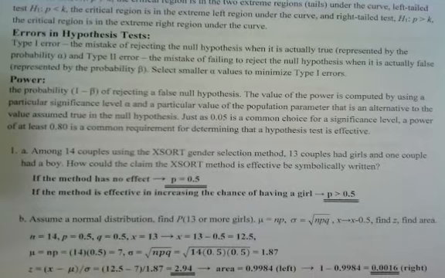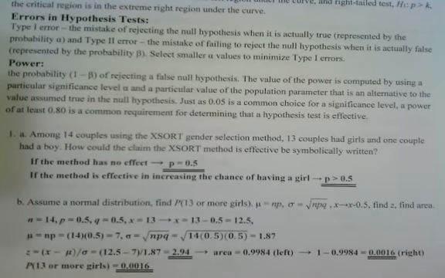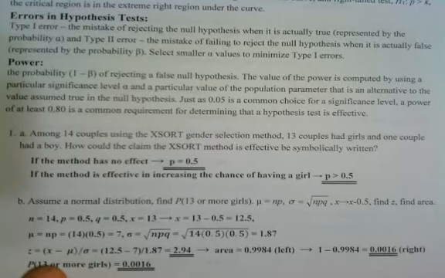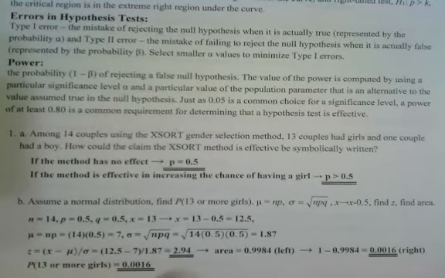Mu is np, which is 14 times 0.5, which is 7. Sigma is the square root of npq, which is 1.87. Now I can go find my z-score. Remember that z-score is the value, subtract the mean, divided by the standard deviation. Plugging those numbers in, our z-score comes out to be 2.94.